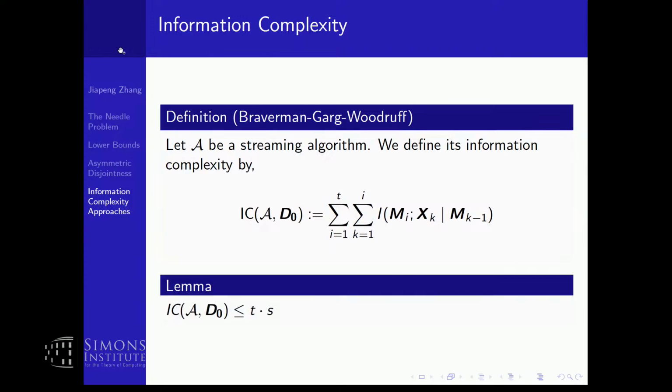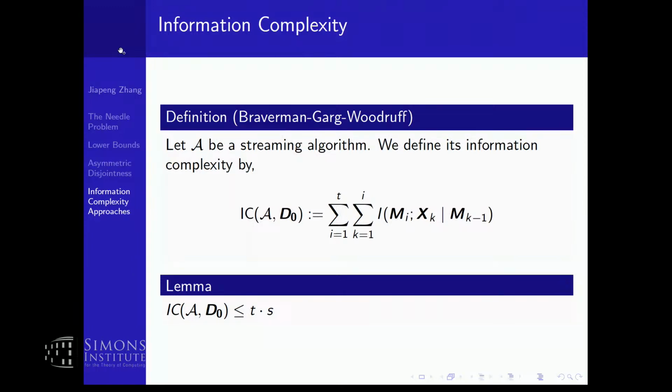This is a really carefully designed thing, a very elegant design. We can show that as long as the samples are independent, the upper bound of this information cost is t times s.